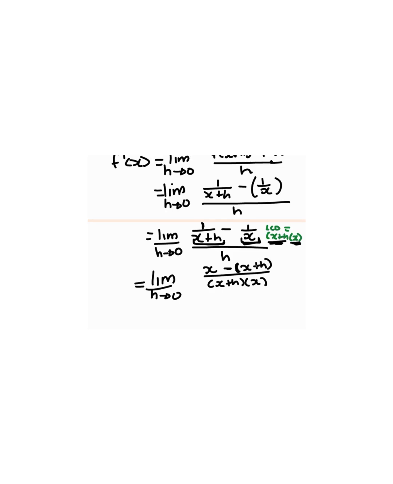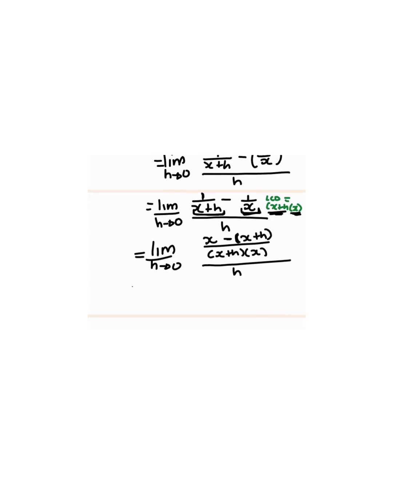Guys, in maths, every time there's a minus, whatever comes after the minus must be in a bracket, because you're going to multiply that minus into the bracket, and it will end up changing what is inside of the bracket. Divide by h.